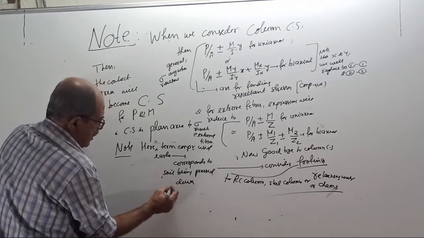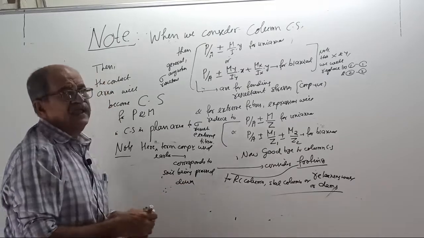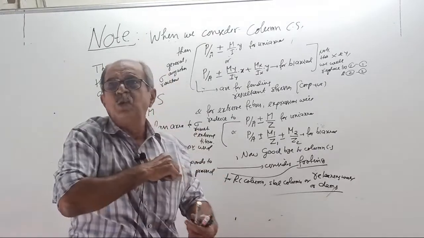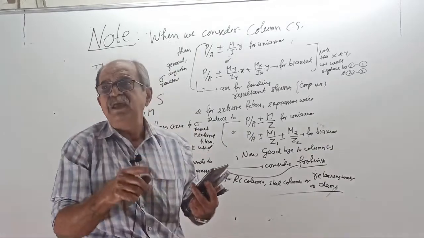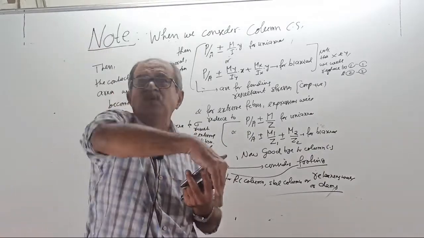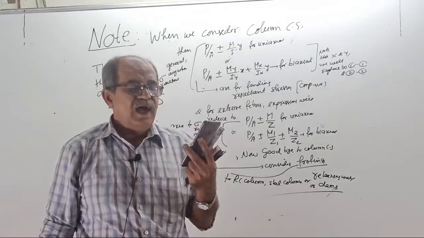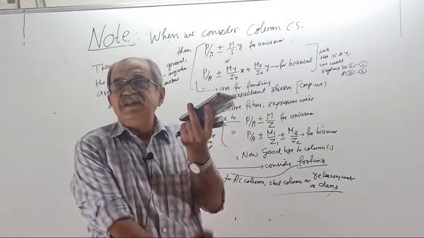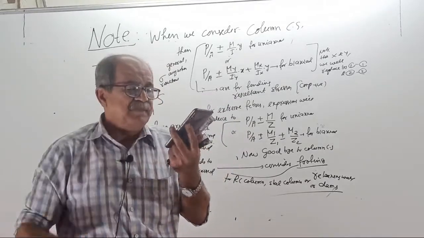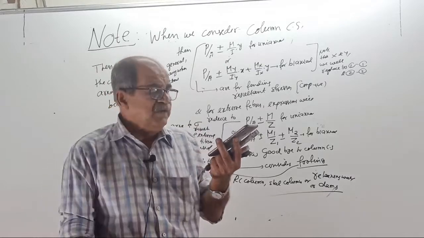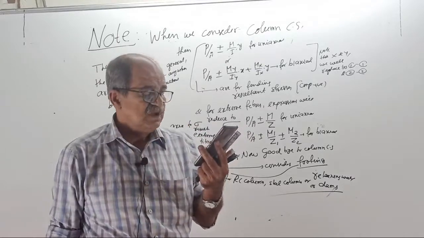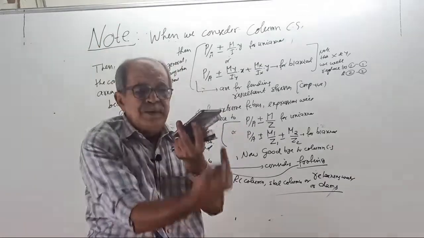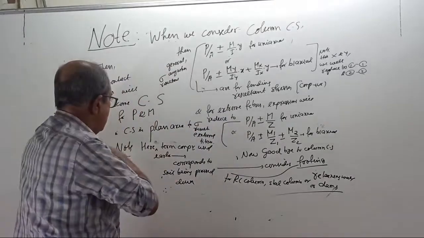Therefore, if the soil is pressed down, what reaction will come? Upward or downward? The reaction from the soil on the footing slab, the contact area pressure, will be up or down? It should be compression, so upward.